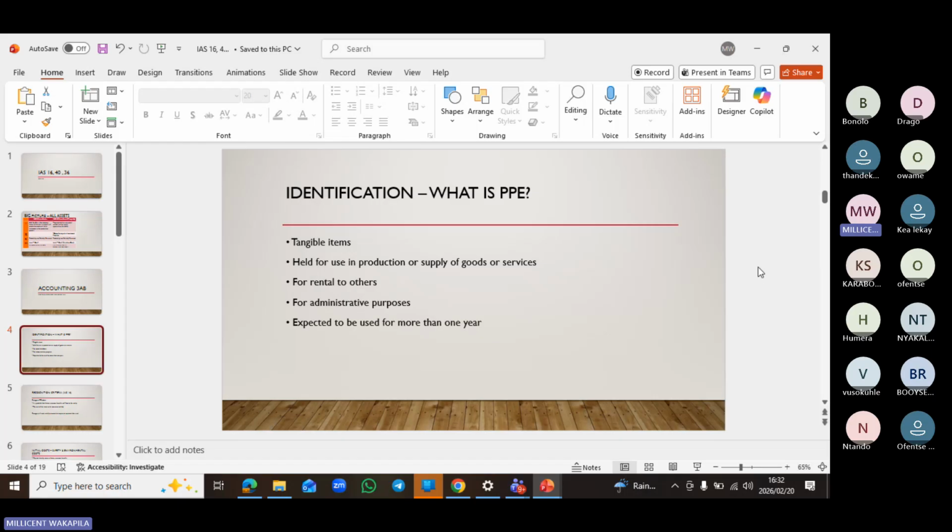And they are mainly used for the production of goods or services by the entity. For example, the example that I gave you about KPMG, Deloitte as well as PwC, they are producing auditing services from those buildings. So for that reason, they are PPE.